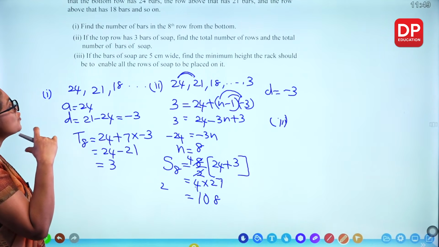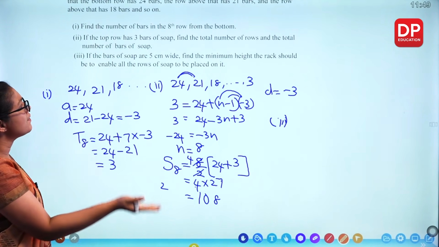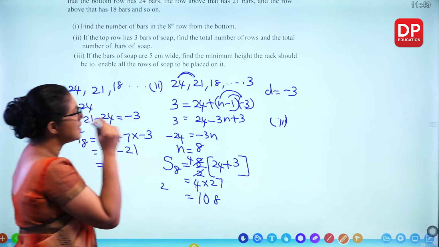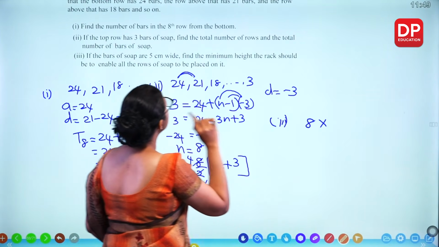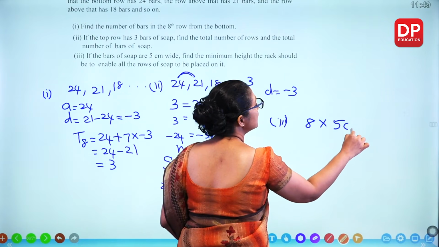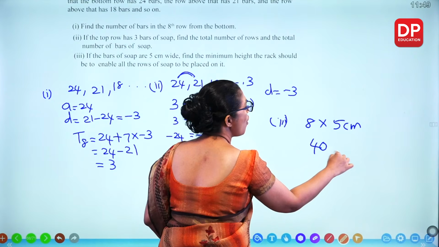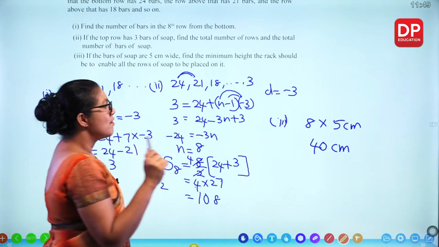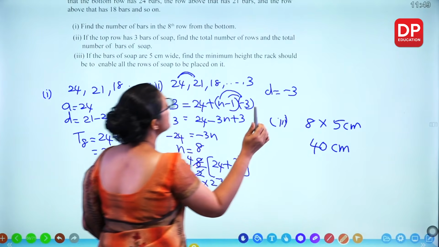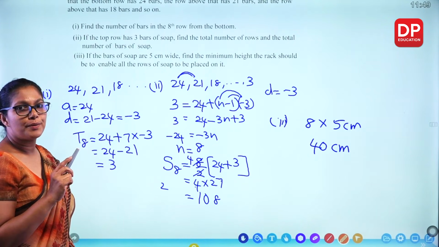Each bar of soap is 5 centimeter wide. So what is the total length? 8 rows are there with 5 centimeter width. 8 times 5, 40 centimeter. So you need 40 centimeter width to stack all these bars of soap.